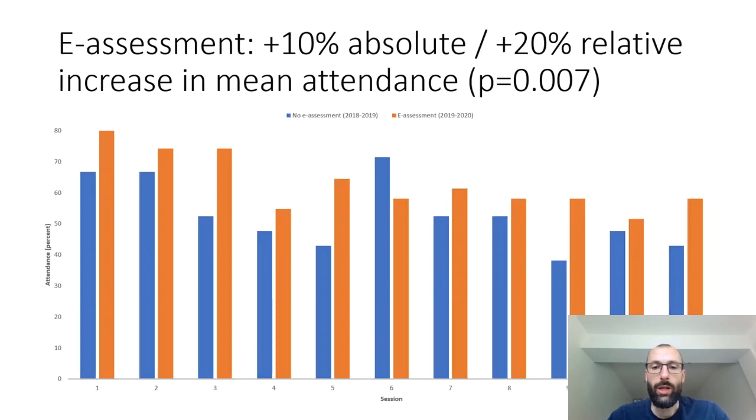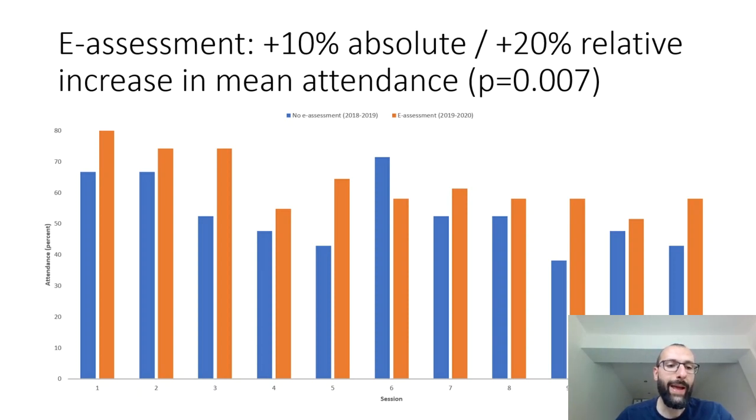The results we obtained were very stark and very encouraging. Here you can see a graph where I'm showing you for each of the 11 sessions what happened in terms of attendance for the e-assessment cohort in orange and the no e-assessment cohort previous year in blue.